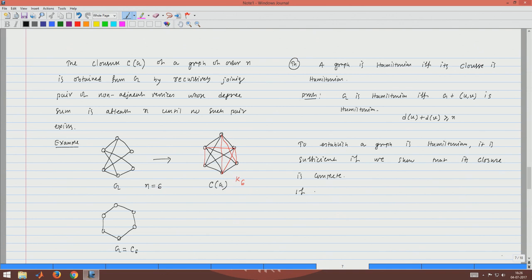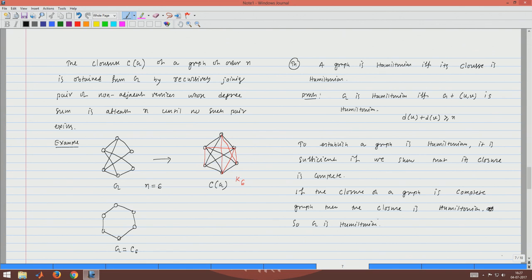If the closure of a graph is complete, then the closure is Hamiltonian, as the complete graph is always Hamiltonian, so G is Hamiltonian.